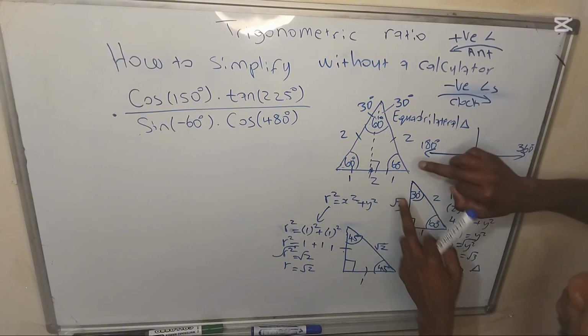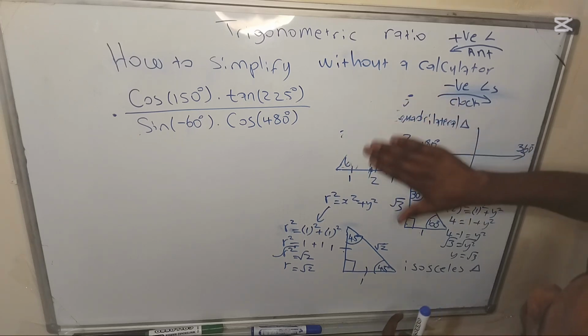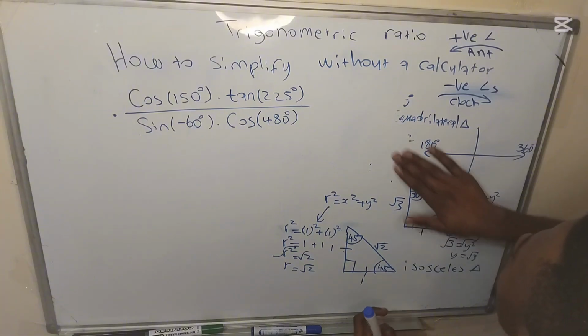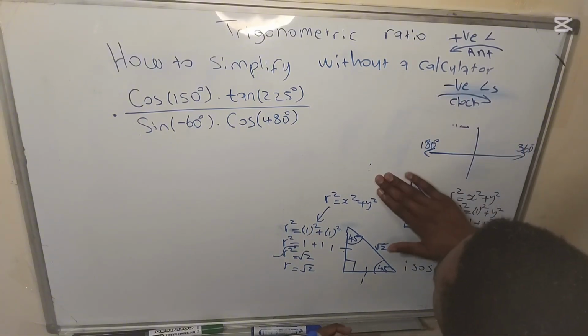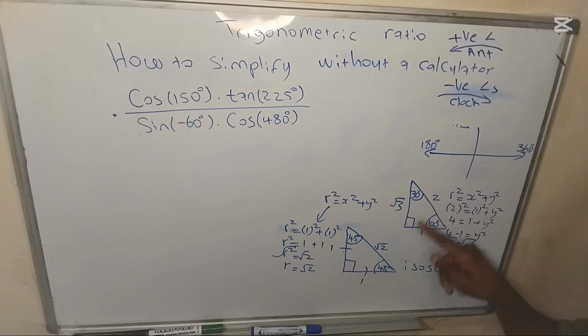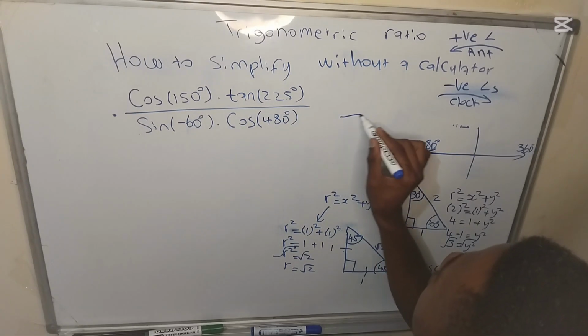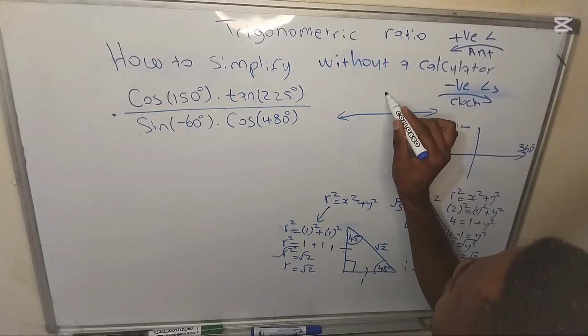I don't think I will need this triangle, let me erase it so that I can have enough space. I don't think it will be important anymore because we have these two triangles. So let me draw a new Cartesian plane.